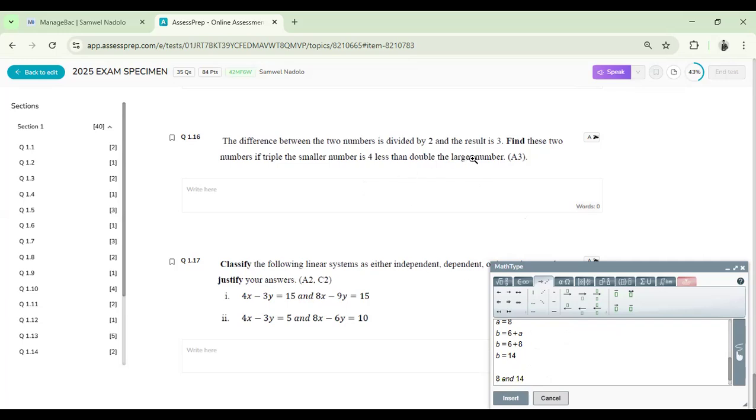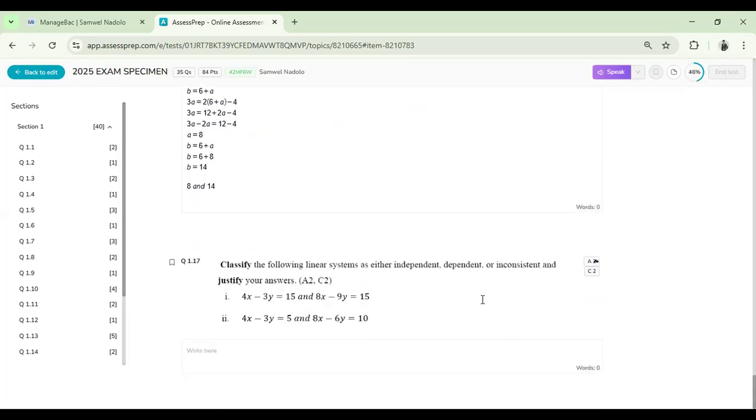Is it 4 less than double the larger number? Double the larger number, 14, you get 28. And if you triple the smaller number, you get 24. So 28 minus 24 is 4, which is what the question is saying, that it is 4 less than double the larger number.